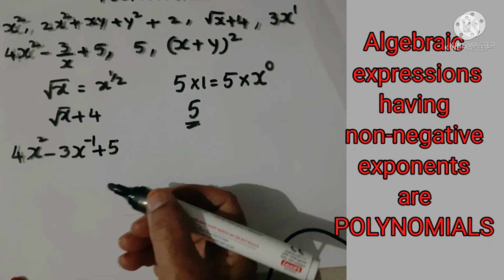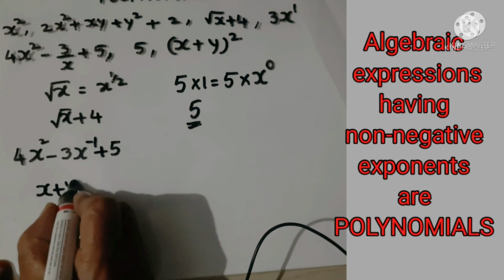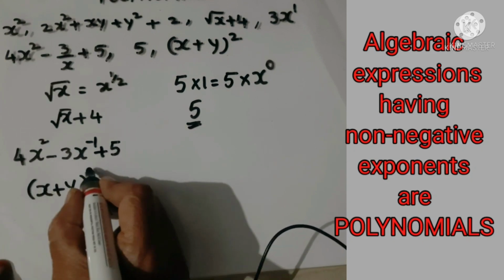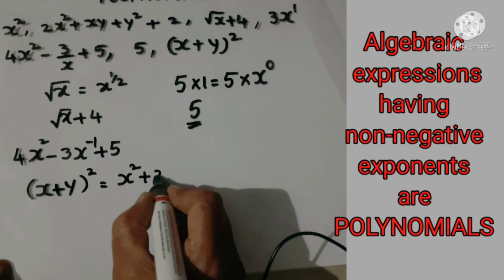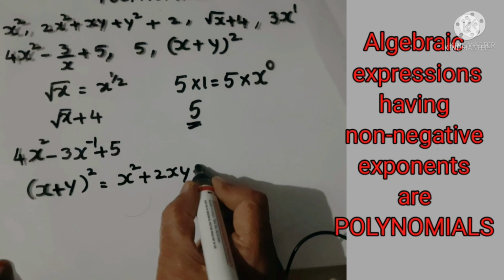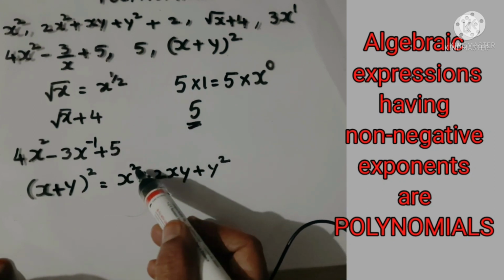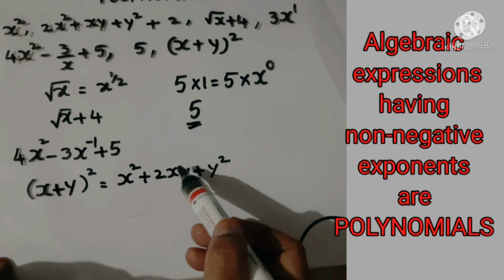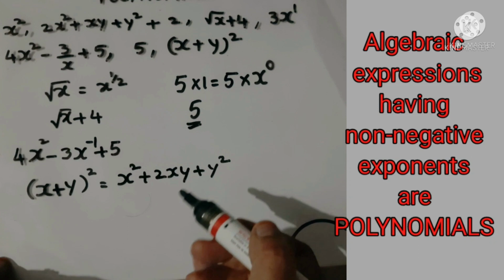So let us see the expansion form of x plus y whole square, which is equal to x square plus 2xy plus y square. So here we have the powers as whole numbers. So this is also a polynomial.